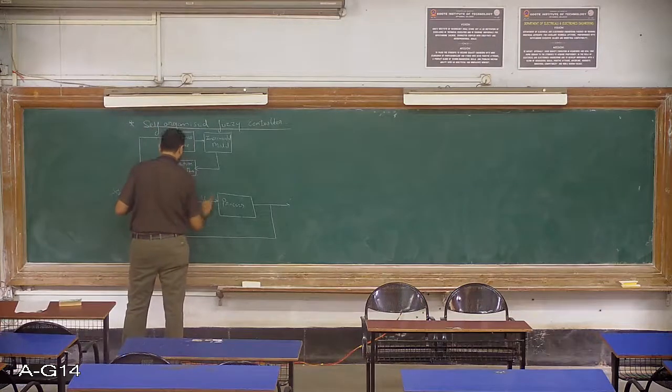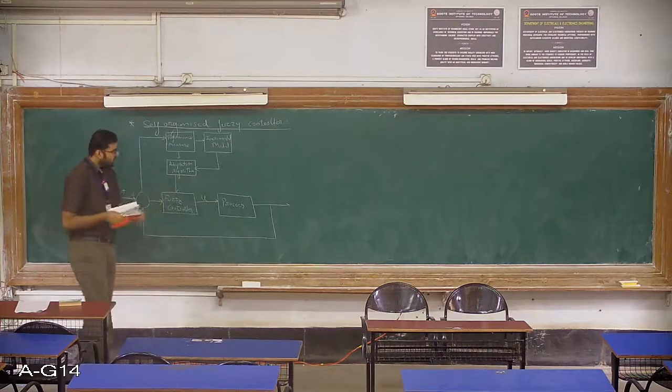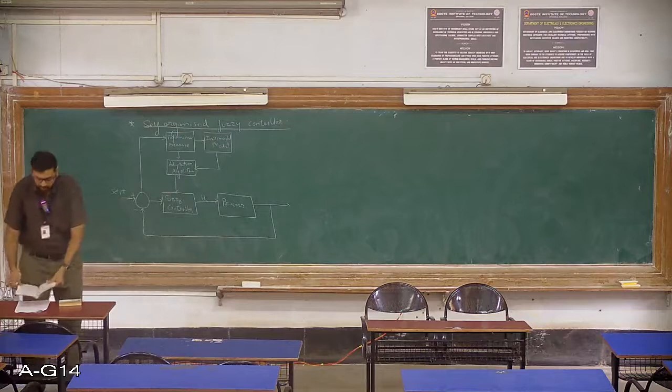This is the control output U. Okay, this is the error E which is coming from here. So this is nothing but the block diagram for the entire system.